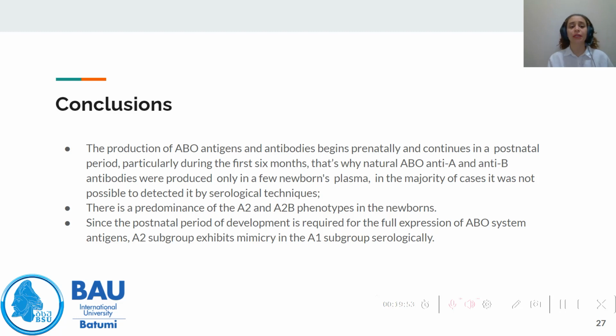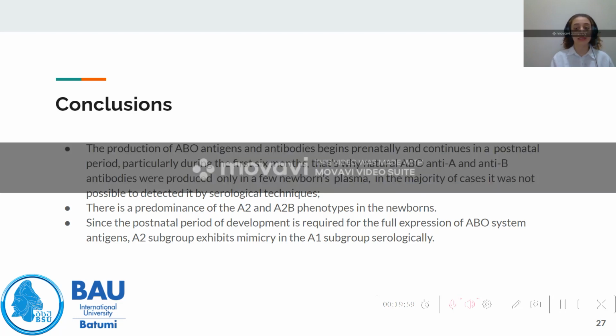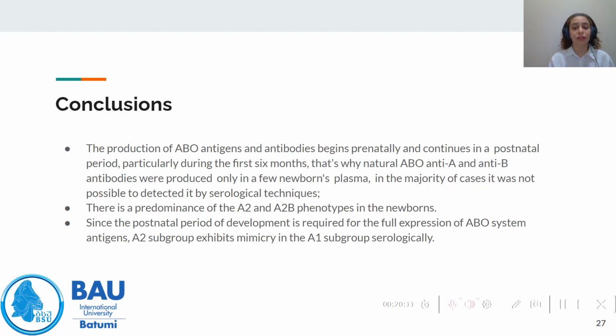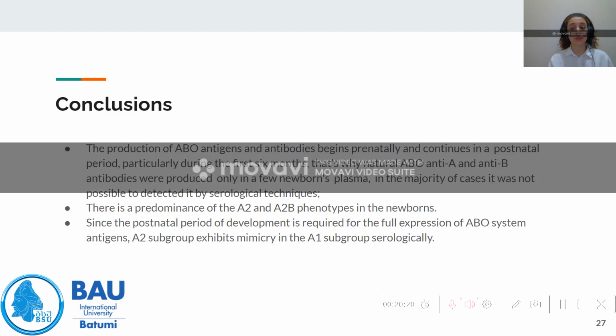So, in conclusion, what we concluded from this is that the production of the ABO antigens and antibodies begins prenatally and continues in the postnatal period, particularly in the first 6 months of the lives of the infants. This is why these natural ABO anti-A and anti-B antibodies were produced only in the newborns' plasma in our study, and in the majority of the cases of these newborns, it was not possible to detect them by these serological techniques.